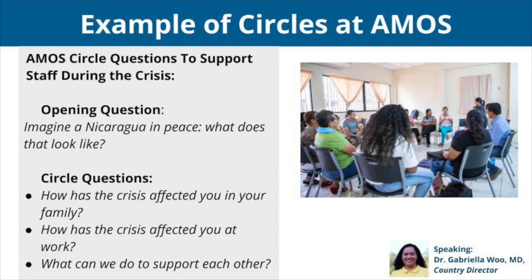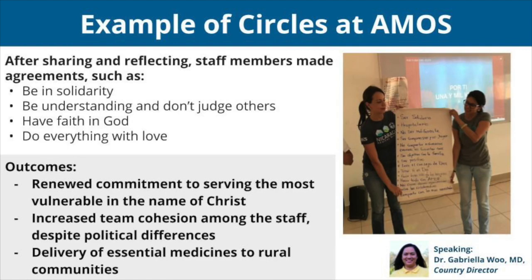It helped us to think, okay, I cannot solve this problem in my country, but I can do things that could improve how I am feeling and how others are feeling. So these are some examples of questions. And after sharing and reflecting, staff members made some agreements such as be in solidarity, be understanding, don't judge others, have faith in God and do everything with love, for example.